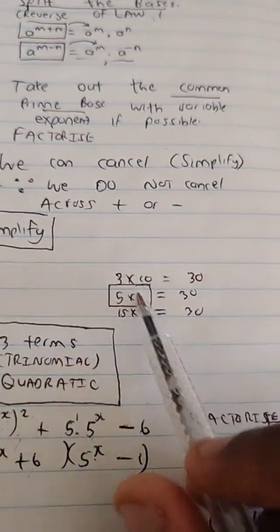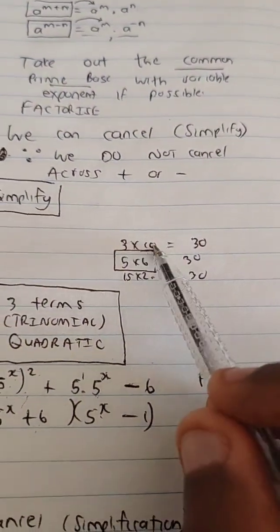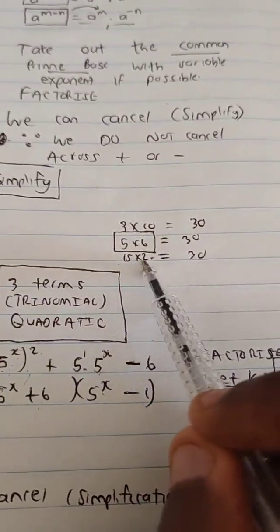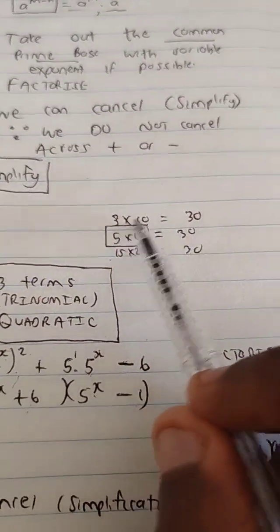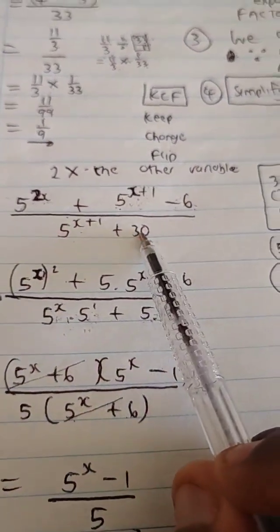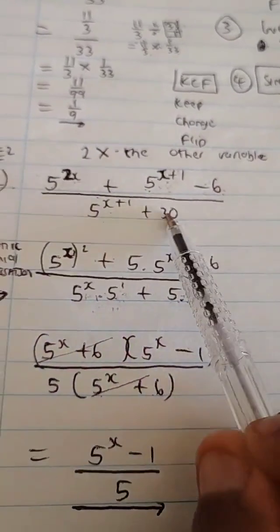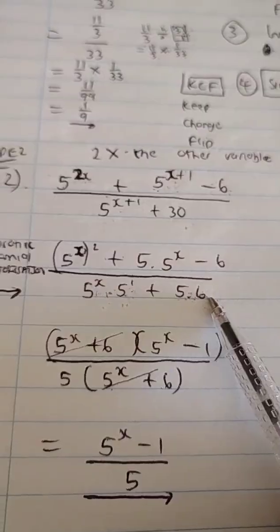Because all of these are factors of 30. 3 and 10 are factors of 30. 5 and 6 are factors of 30. 15 and 2 are factors of 30. The product that works best in this situation for 30 is 5 times 6. Alright? So 30 is 5 times 6.